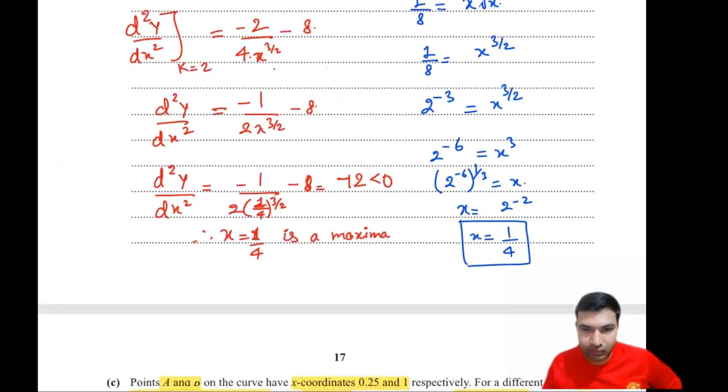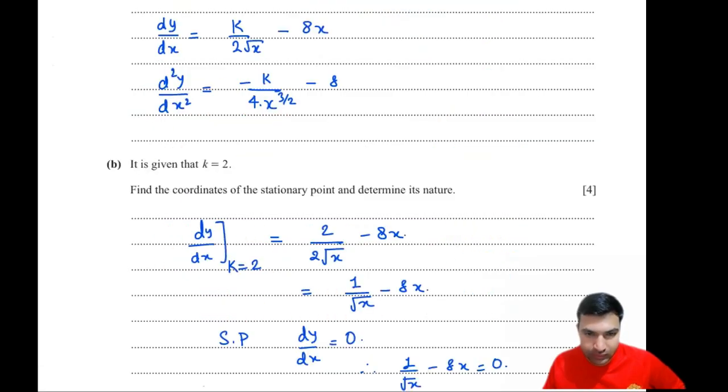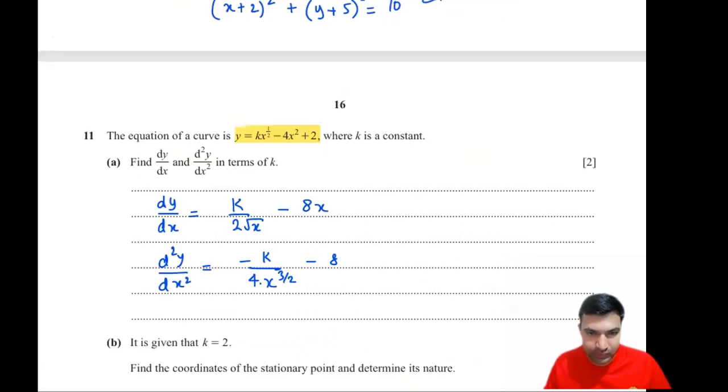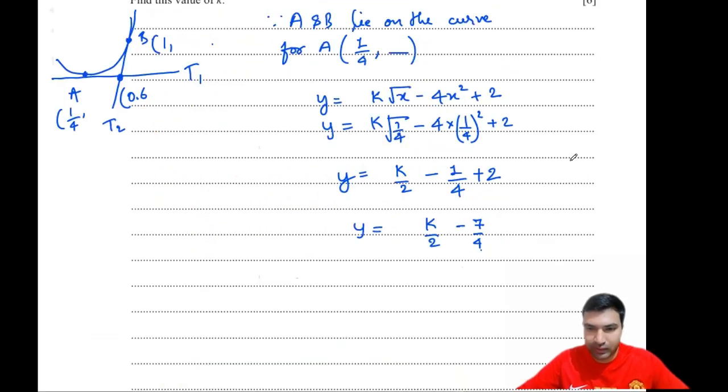Well, let me check it once more. 4x squared plus 2. Right. Okay, perfect. So let me write it nicely. Should it be plus? Yeah, this should be plus, right?